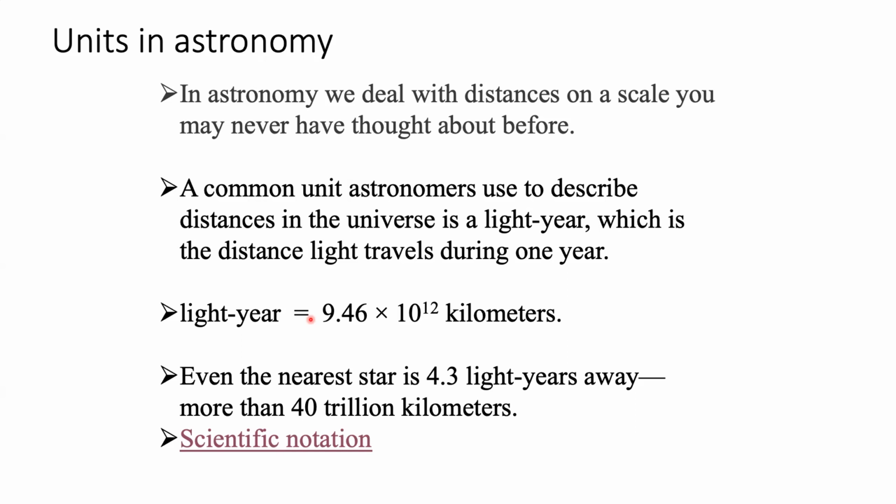Even the nearest star is around 4.3 light years away from us. This is why we don't use kilometers, and why we are using units like light years, right? So that is the first thing that you have to understand in astronomy.